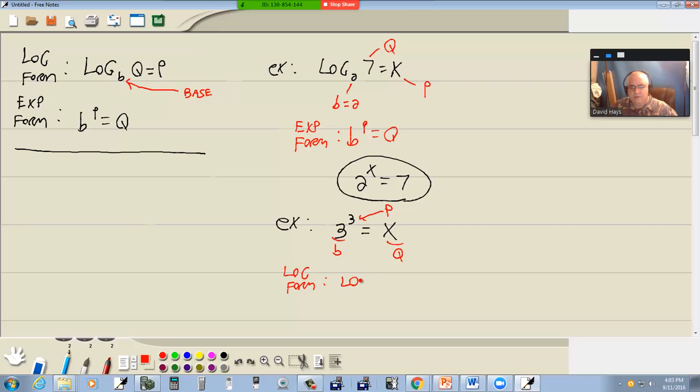Now our log form is log base b of q is equal to p. So we plug in what we identified. So b was 3, q was x, and p was 3. So that would be our answer.